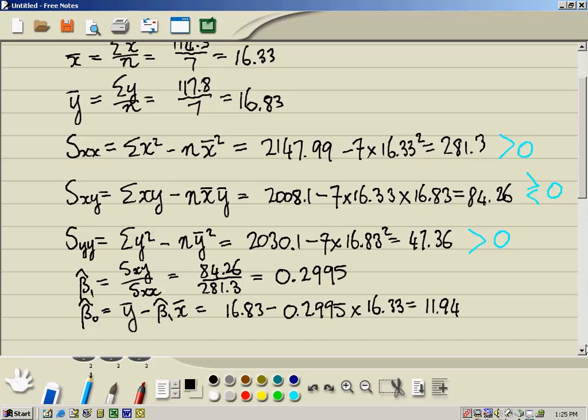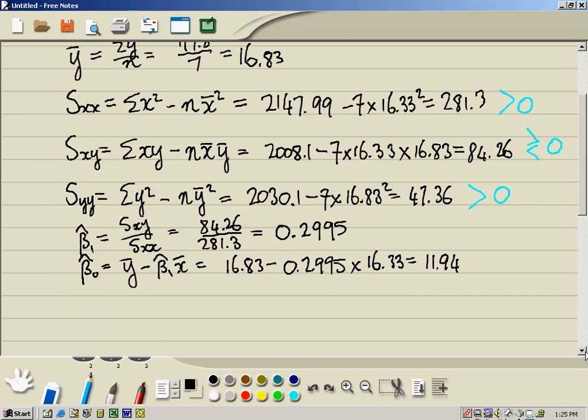Alright, so now we can write down our equation. Remember that in general, the form of the equation that we have is y hat is equal to beta hat 0 plus beta hat 1 times x.